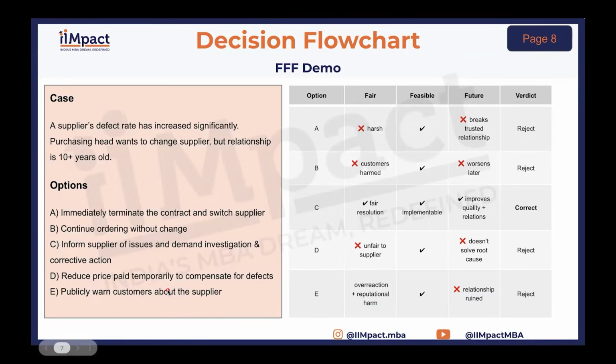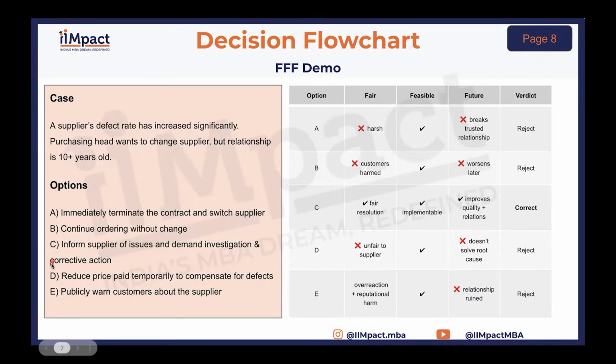In fact, if you were to look at it, option C should be your first step, followed by D and then A. In your order of how you would deal with a situation like these, the first thing that you would probably do is inform the supplier and demand a corrective action.